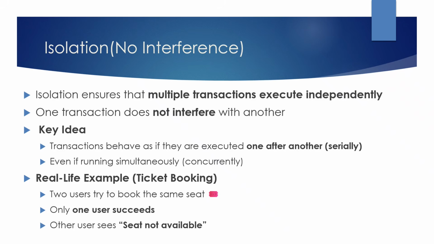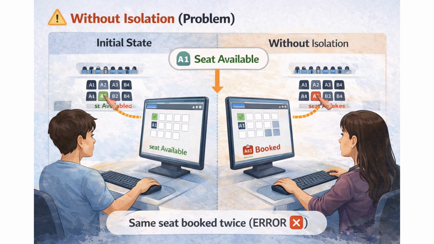We'll see one real-life example of ticket booking. Without isolation, suppose Ram and Priya both want to book seats. He's Ram and she's Priya. Only one seat is available, that is A1, and both have initiated the transaction at the same time. They both have seen that A1 is available and want to book that seat.